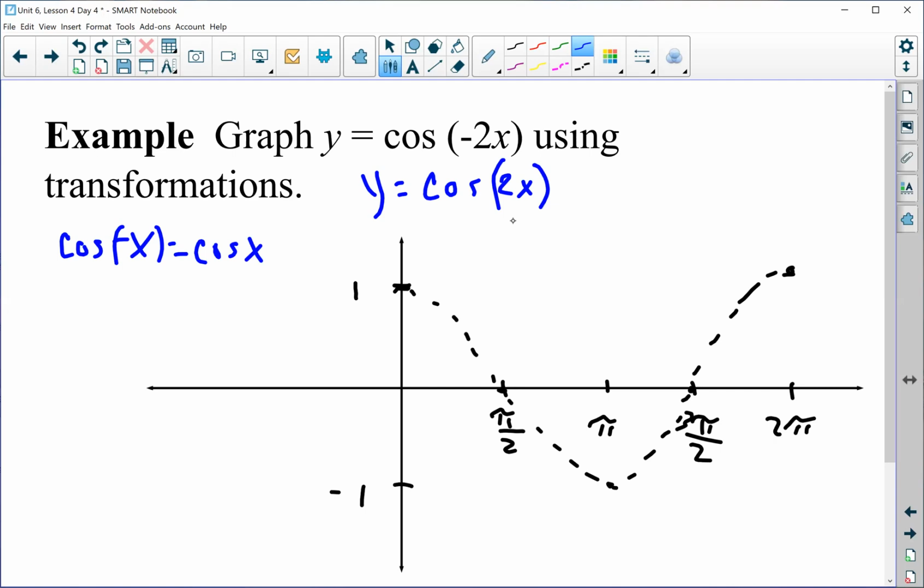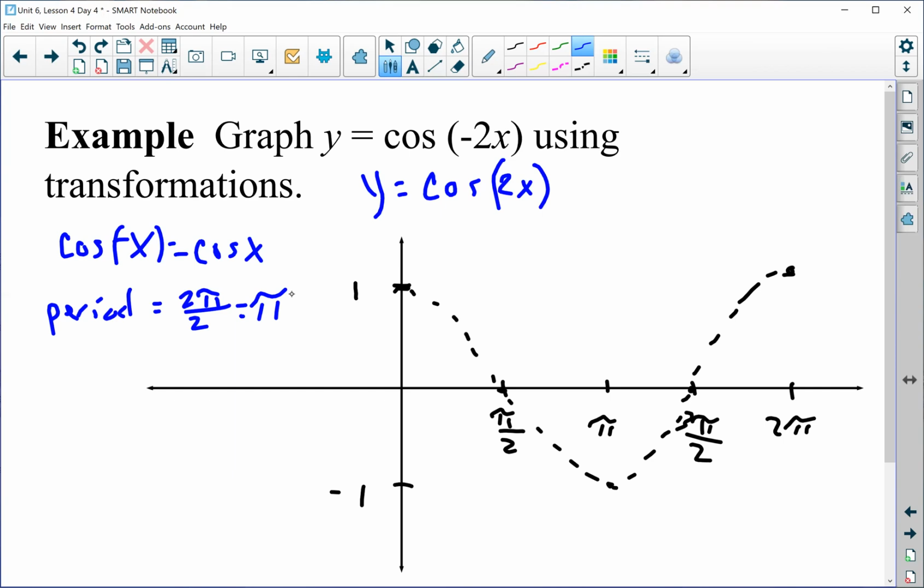So we're still going to have 1 as our maximum, negative 1 as our minimum, but the period is going to be changed now. The period would be 2 pi divided by 2, which means it's going to be just pi units.